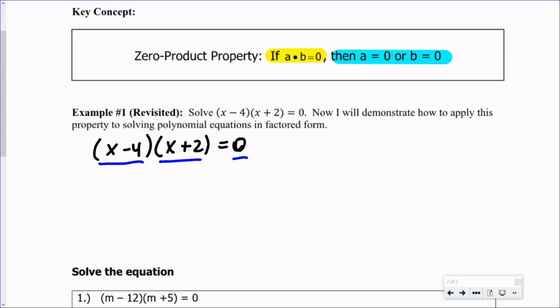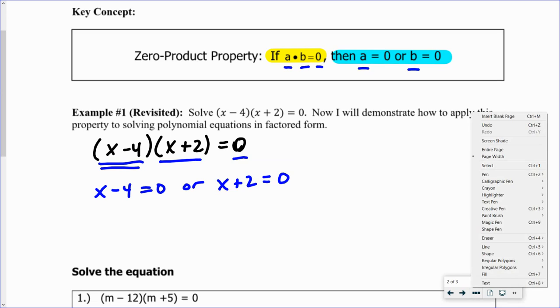If you look back up at the zero product property, this says one number times another number equals 0. I'm going to set the first number equal to 0 and the second number equal to 0. In this case, the first number is x minus 4, so I'm going to set that equal to 0. Or the second number, x plus 2, has to equal 0 in order for this to be a true equation.